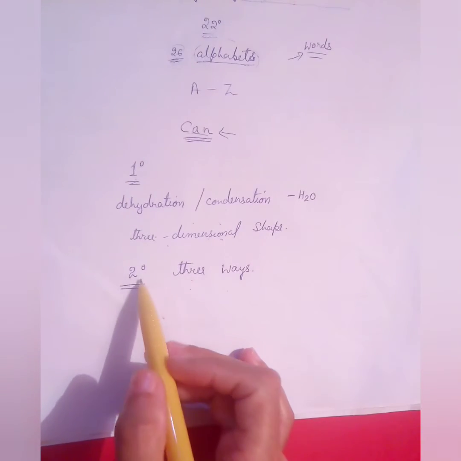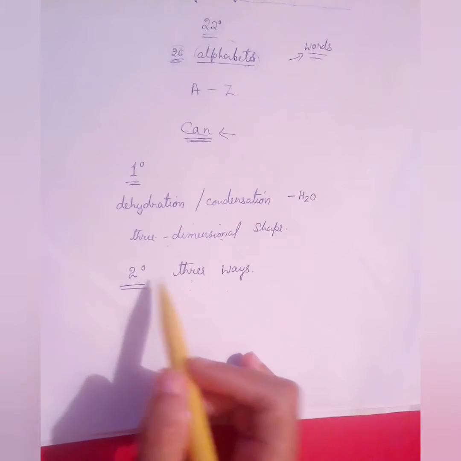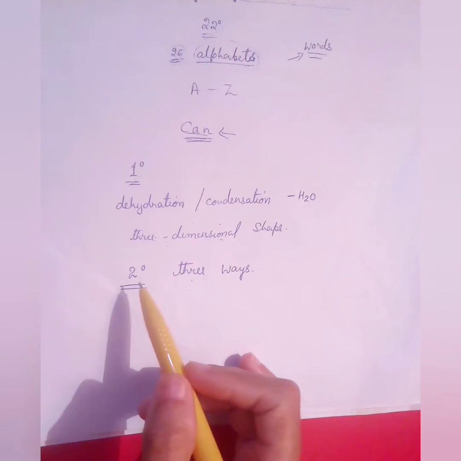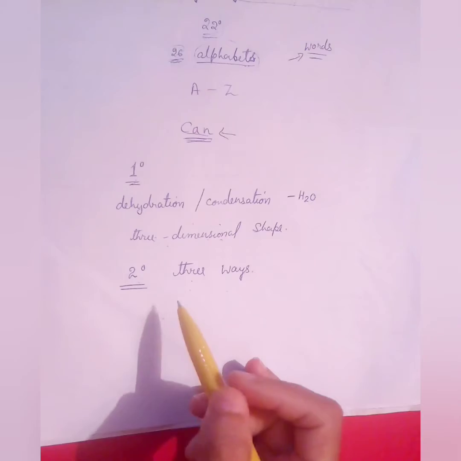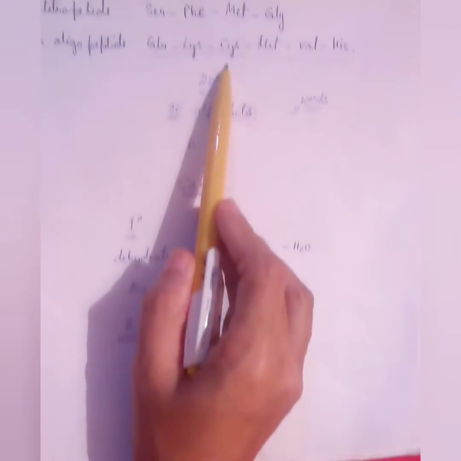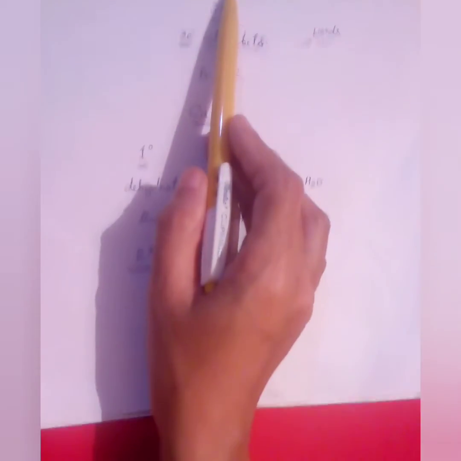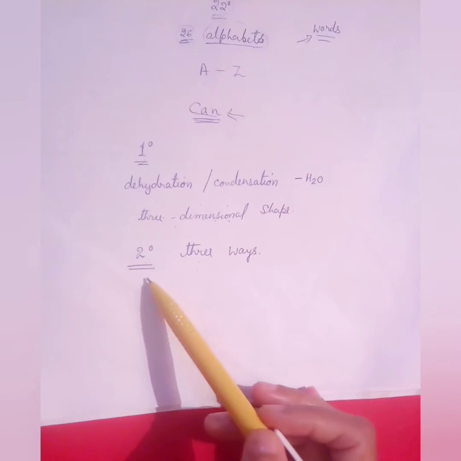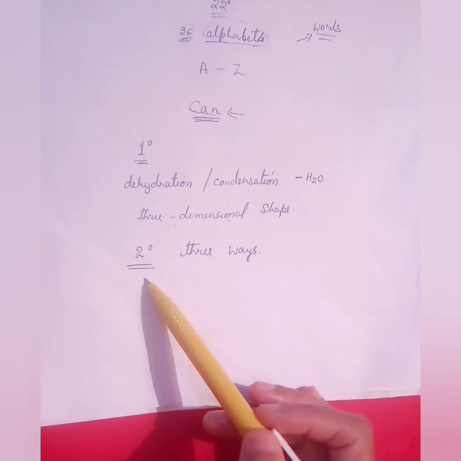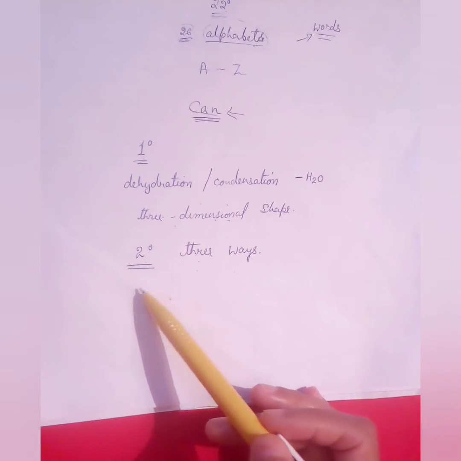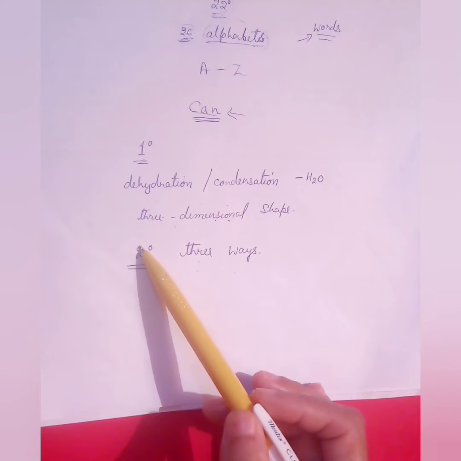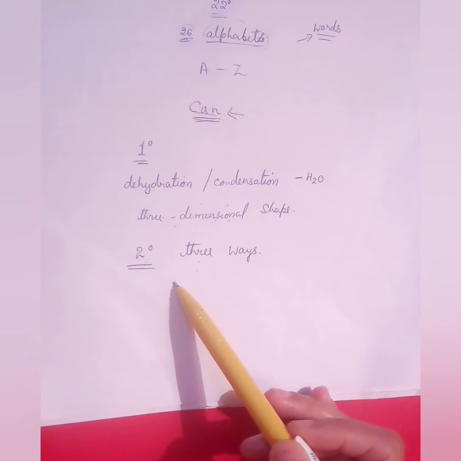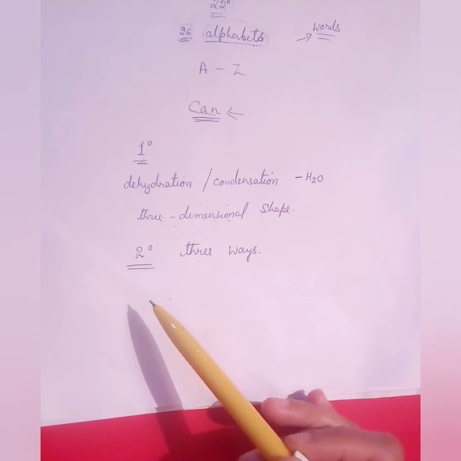The secondary structure of a protein refers to the regular rearrangement of the polypeptide chain in space in one dimension.